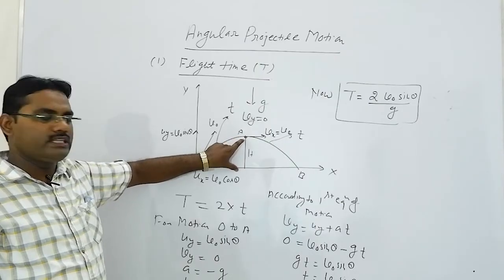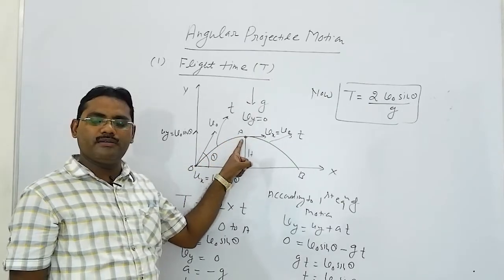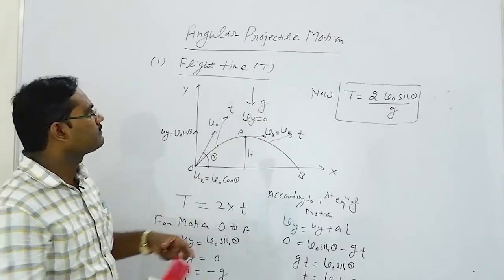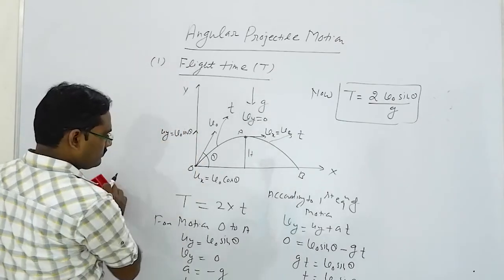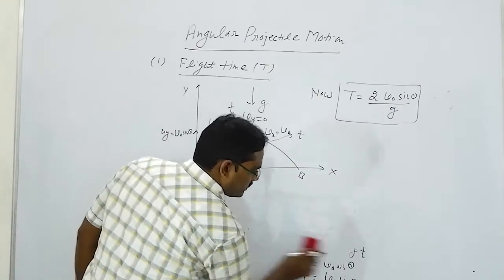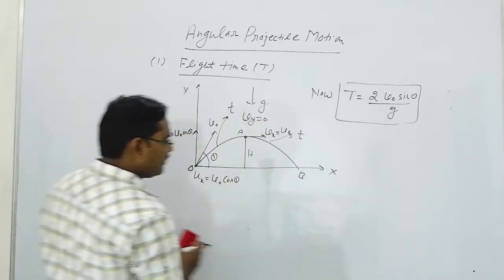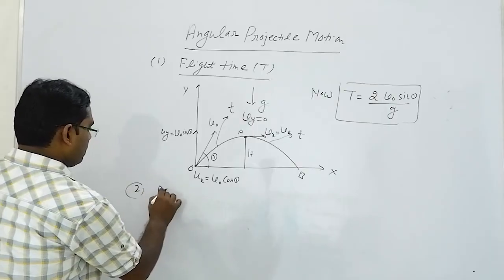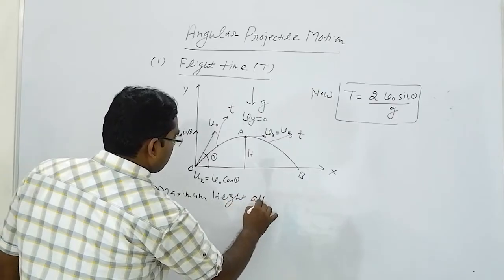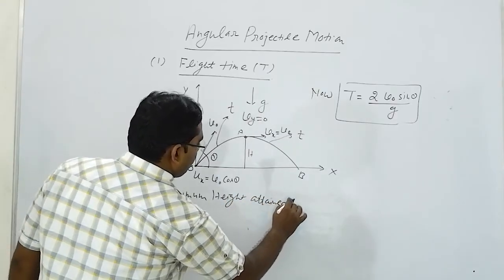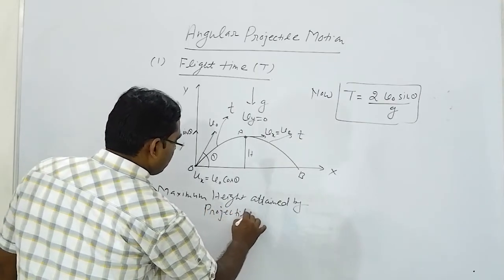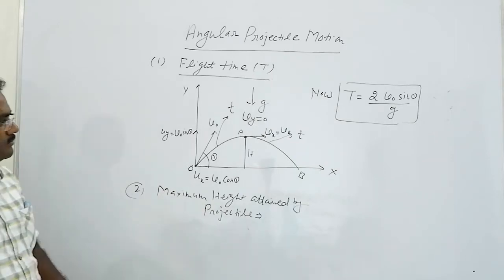Maximum height is the point on the trajectory where the vertical component becomes 0.